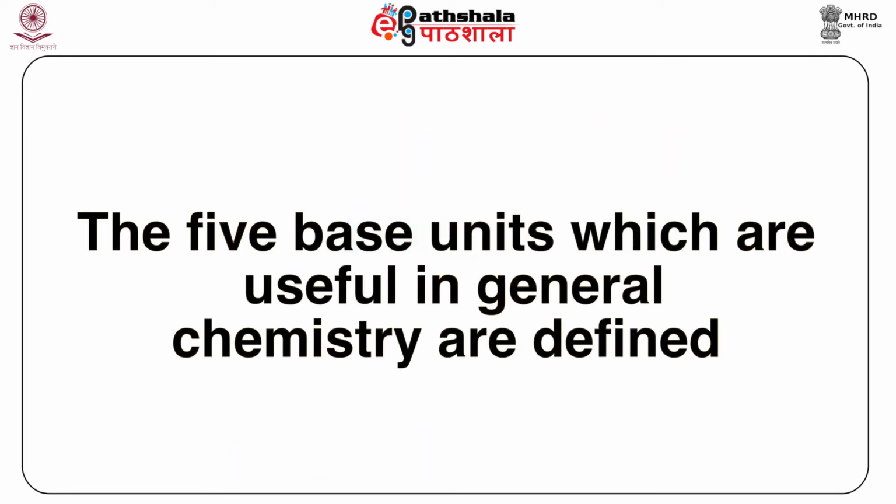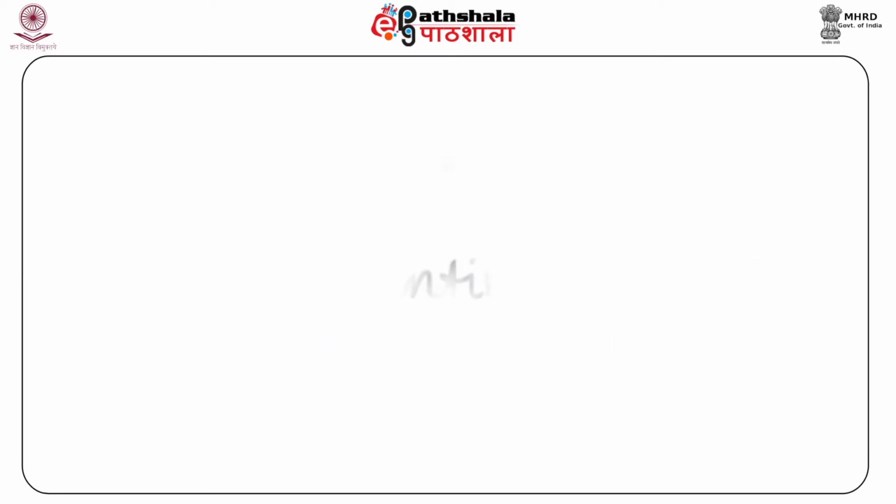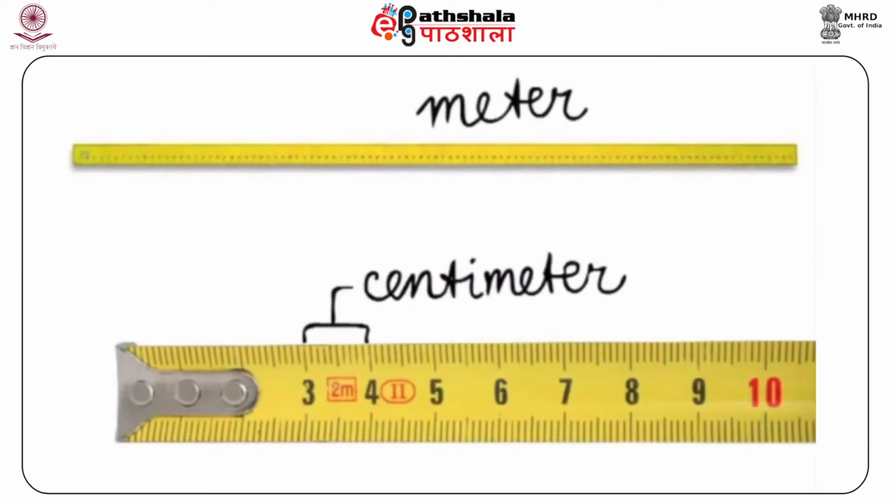The five base units which are useful in general chemistry are defined as follows. First is the meter and centimeter. A meter was originally measured to be 1/10 millionth of the distance from the North Pole to the equator along the meridian running near Dunkirk, Paris, and Barcelona.